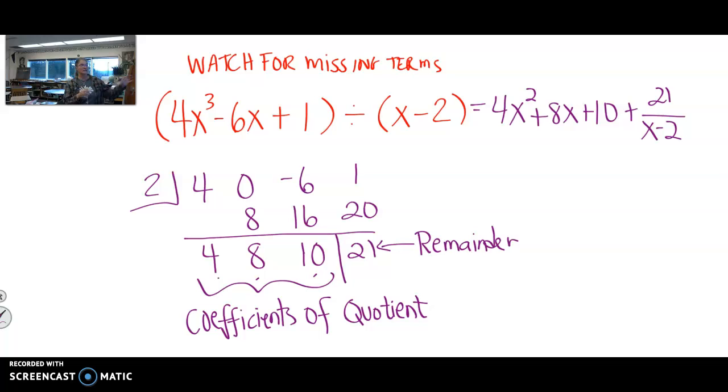Like x minus 2 is not a factor of this polynomial over here because we didn't get a remainder that is 0. If you think about 10, when I divide 10 by 2, I get 5 with no remainder. That's because 2 is a factor of 10. So when you have a remainder of 0, what you're dividing by is a factor of the original. And that's really why we're using this, and we'll go into that in a different video.